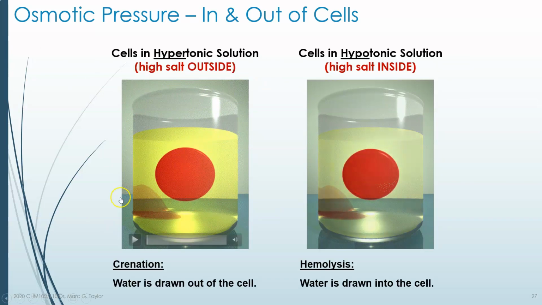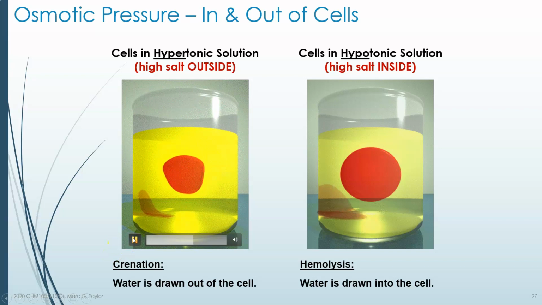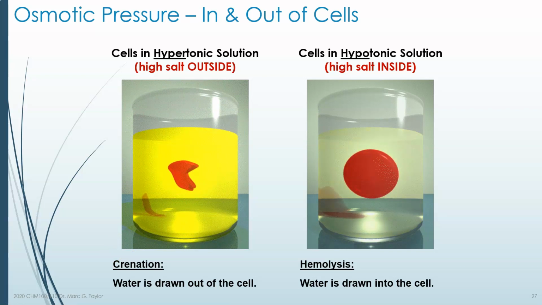So here's what this looks like. So if we put it in a hypertonic solution on the left here, that means there's a lot of salt in this solution on the left. We end up having water leaving the red blood cell, and the red blood cell kind of collapses on itself. That's called crenation. Whereas on the right side of this video here, we have water flowing in because the water on the outside of the cells is hypotonic.